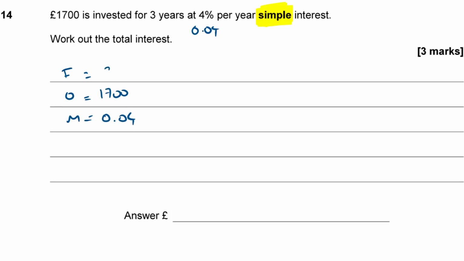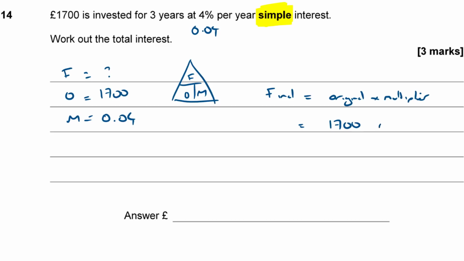The final is what we're trying to find. There's a handy little triangle for this: final, original, multiplier. So my final amount is going to be my original amount times my multiplier, which is 1700 times my multiplier of 0.04.